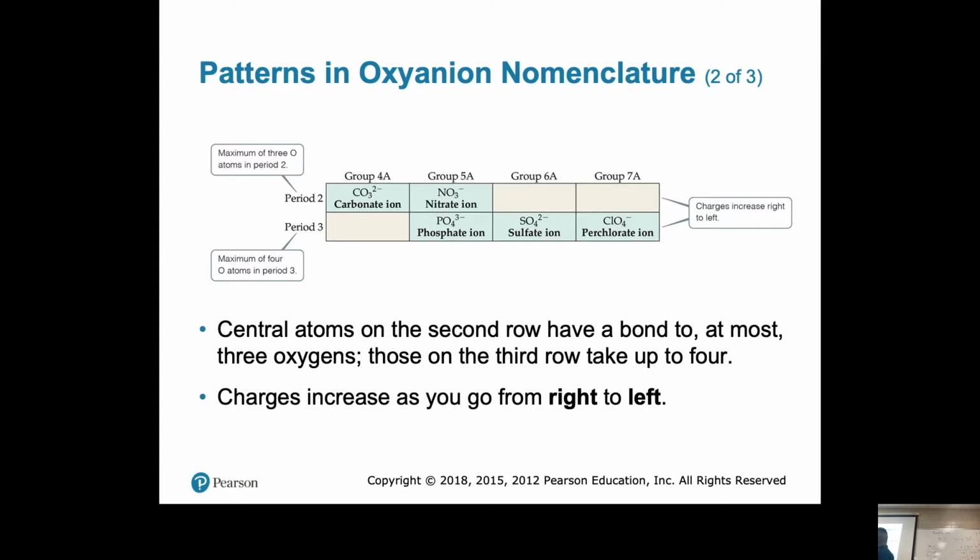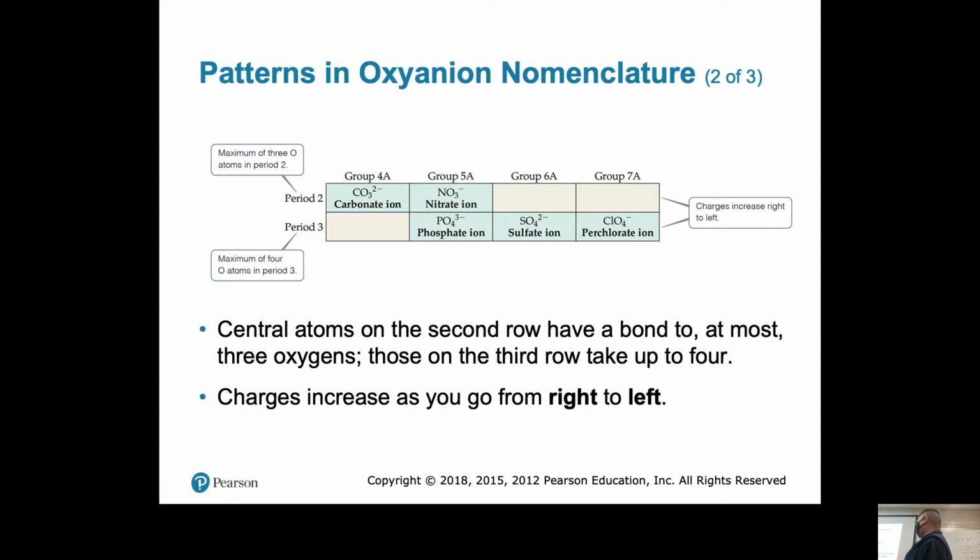If it's phosphate, which is PO4 3 minus, and it loses one of those oxygens and becomes PO3, what is it? Phosphite. Same thing here. Nitrate becomes what? Nitrite when it loses an oxygen. So this is just a picture of the common polyatomics that have ite and ate.